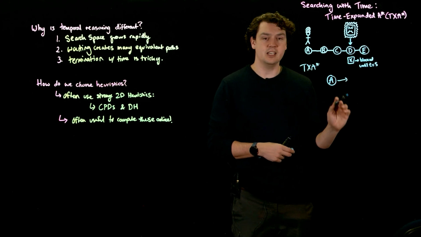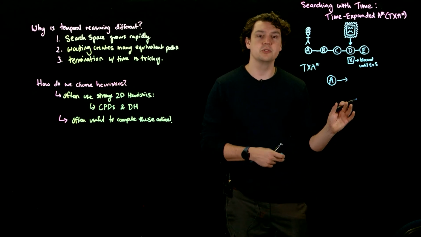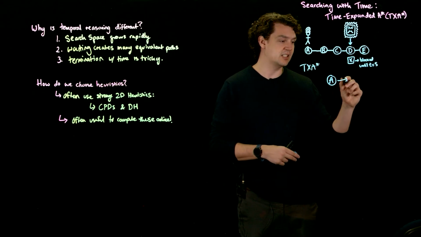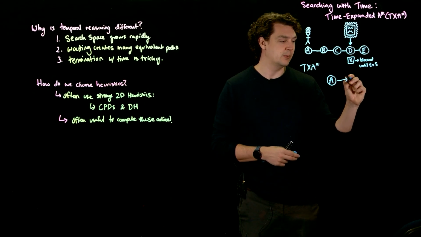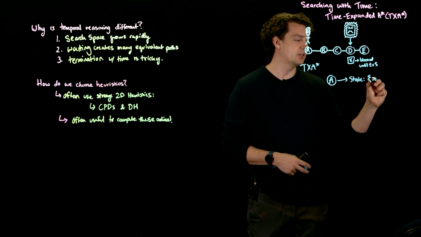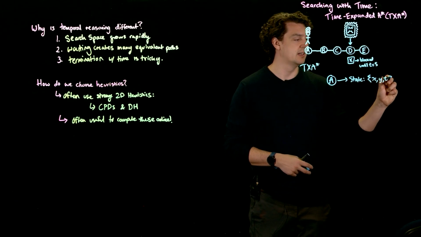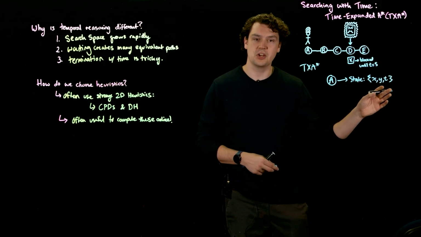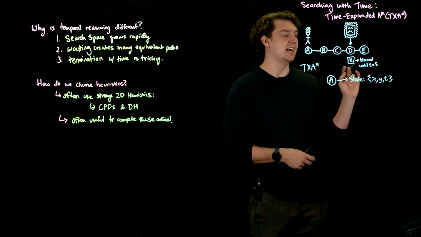Unlike before, where our nodes would correspond to a state, and the state is just the XY location, our state now, instead of just the XY, is going to need to be XY, T. We need the additional information. These are the worst curly brackets the world's ever seen.